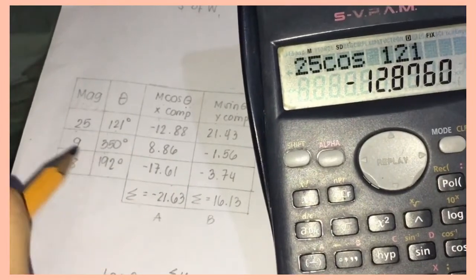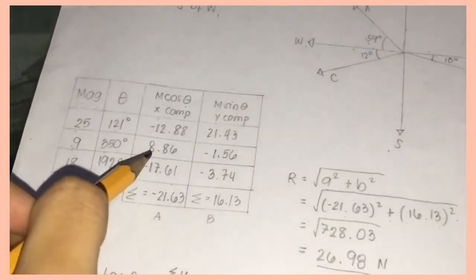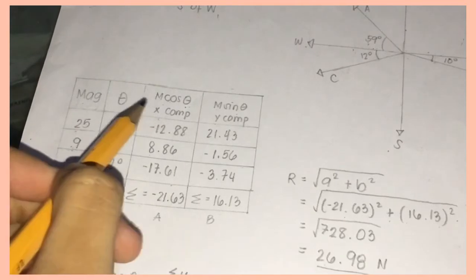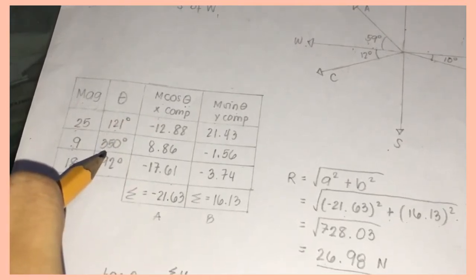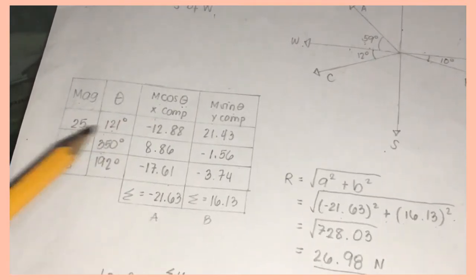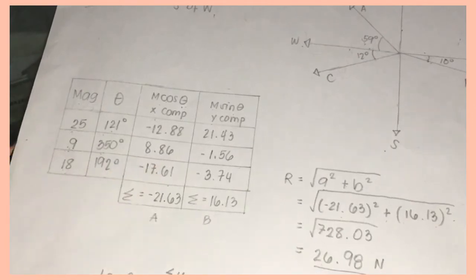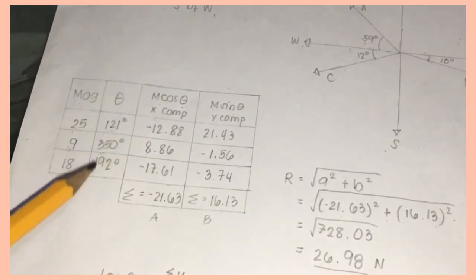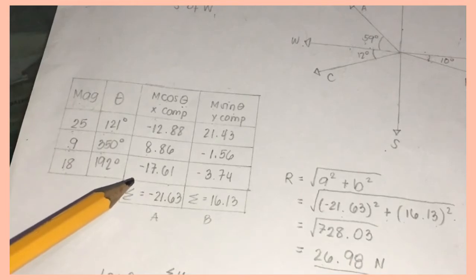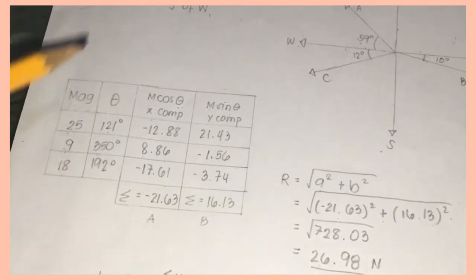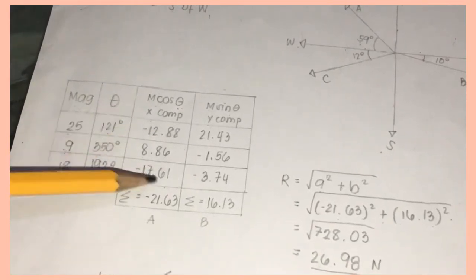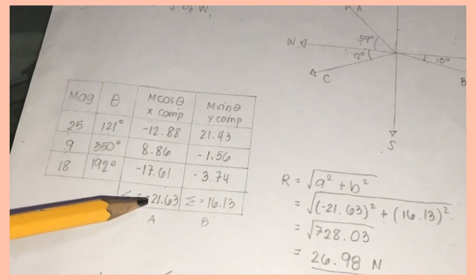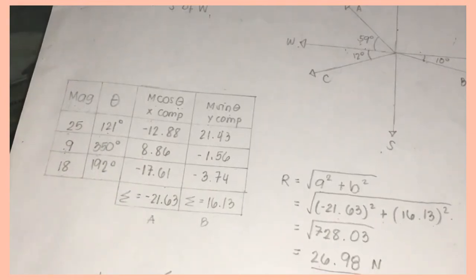And you're going to do that for the rest. That is why we have 8.86. That's 9 cosine 350 degrees, which is 8.86. For 18 cosine 192, that's negative 17.61. After that, we are going to add the three, which is why we have negative 21.63.